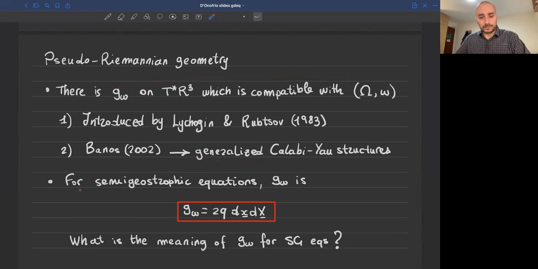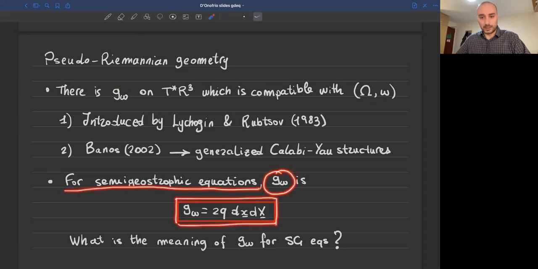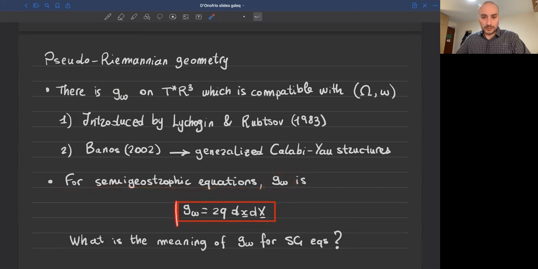I just want to point out that for semigeostrophic equations, G omega is just this. We can compute it through a simple formula, and it boils down to just this for semigeostrophic equations.